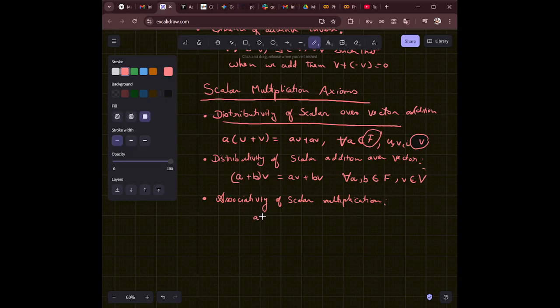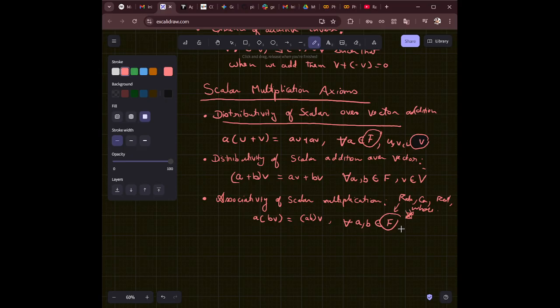So we can say a times (bv) equals (ab)v, just like the associativity in addition, but here we have for every a, b, which are elements of the set of scalars called F, which comes from a scalar field, which can be rational numbers, complex numbers, real numbers, whole numbers, etc., but not integers.